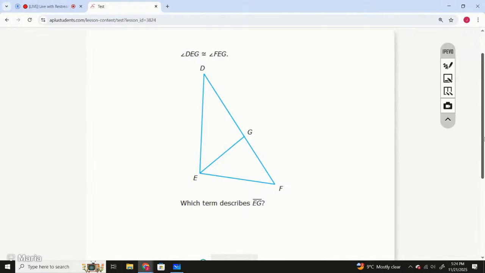Okay, angle DEG is the same as FEG. So GE is the... Basically, EG is the term.